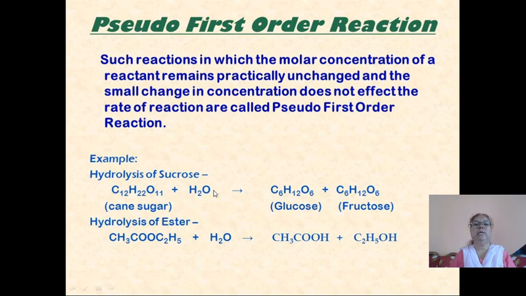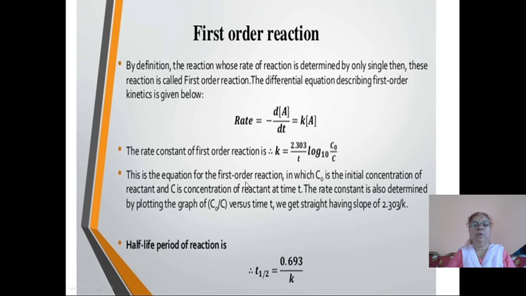Such reactions are called pseudo unimolecular reactions. And all of you know the rate of reaction is given by minus dA by dt is equal to K into concentration of A.